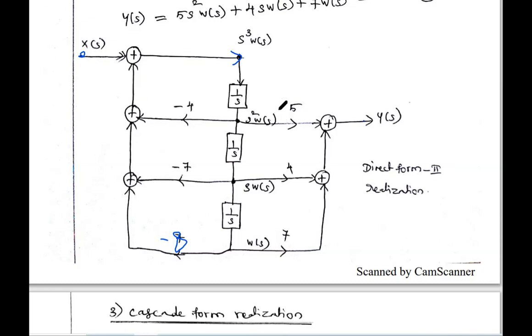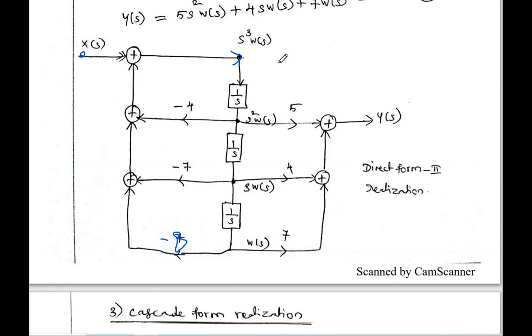In order to derive S squared W of S, only one integrator we are using. This integrator output you share here and here. That's why in direct form 2 realization, the number of integrators used is reduced by half the amount, when compared to direct form 1 realization.